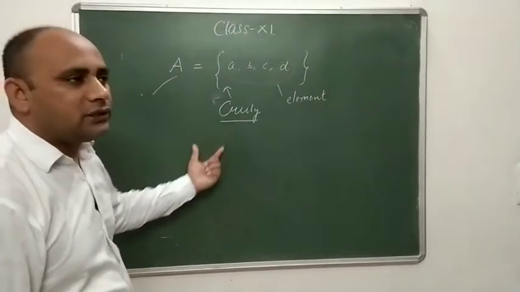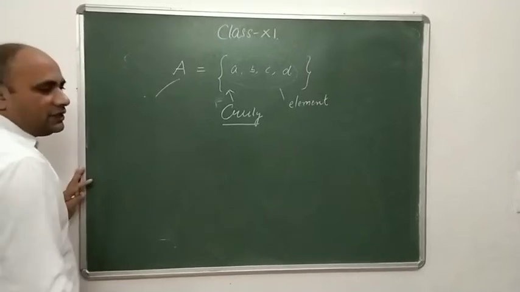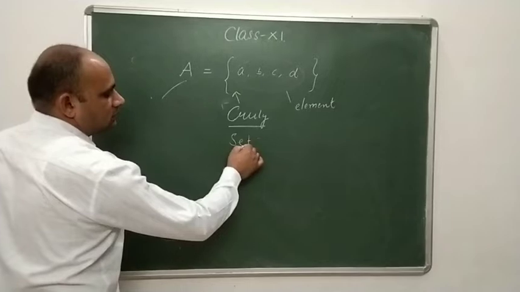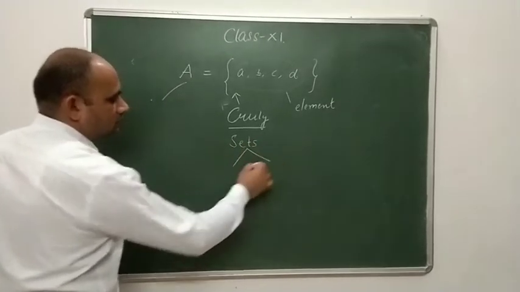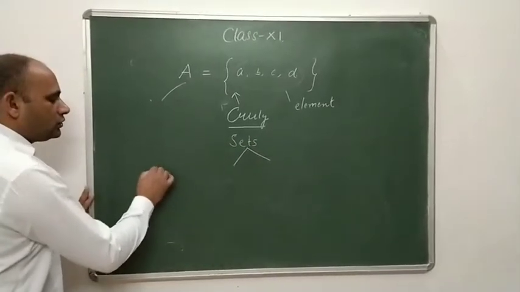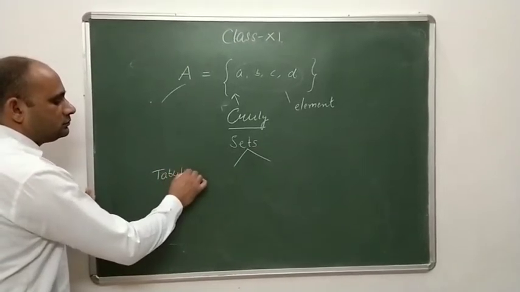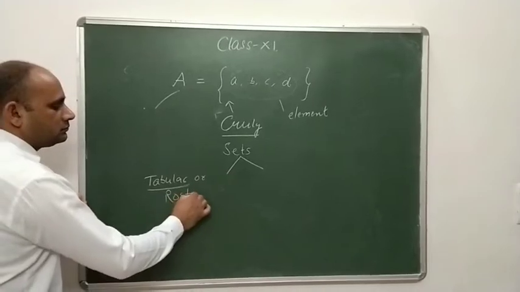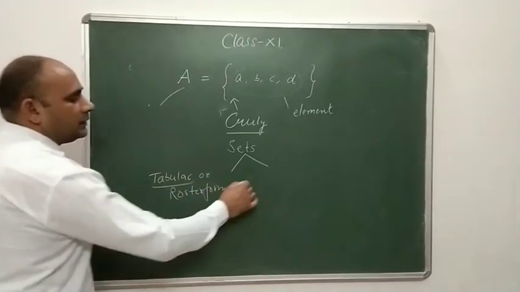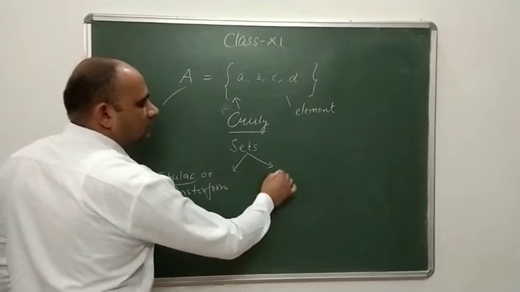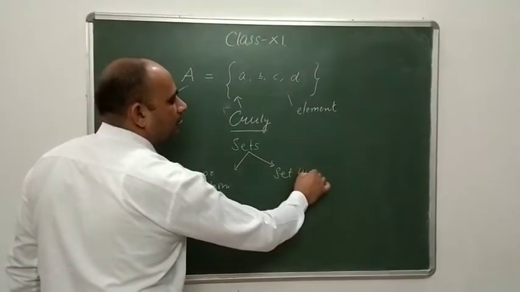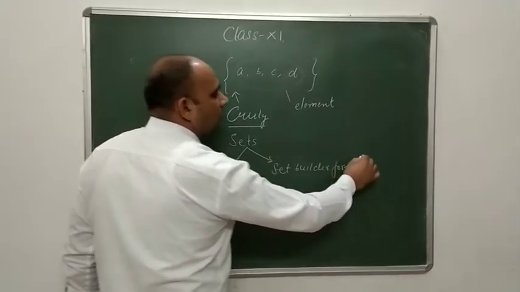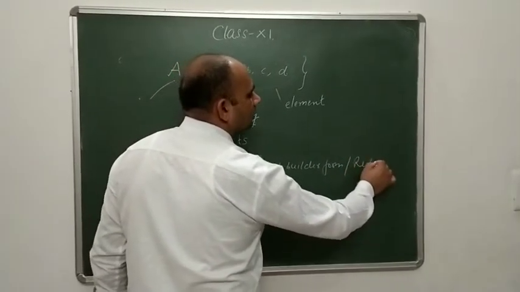After notation, representation of a set, we have discussed sets representation. One is tabular or roster form, and another is set builder form or rule method.